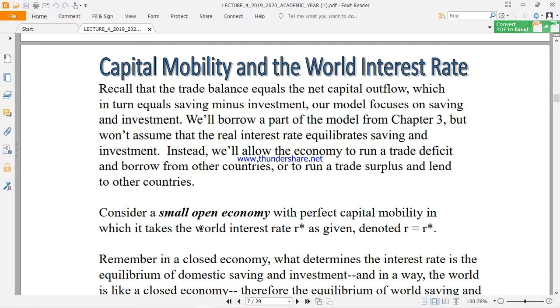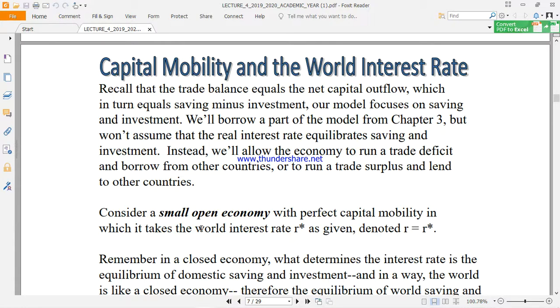And for perfect capital mobility, we are going to use the world rate of interest, because trade is not just happening within. In this case, we've opened our economy, which means we're going to use the prevailing world rate of interest, and we denote that world rate of interest as r star.